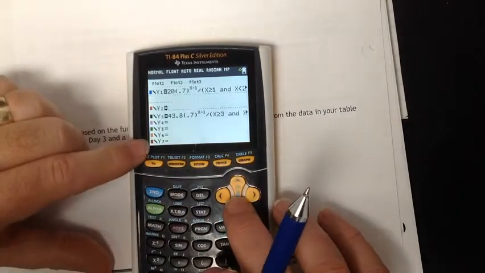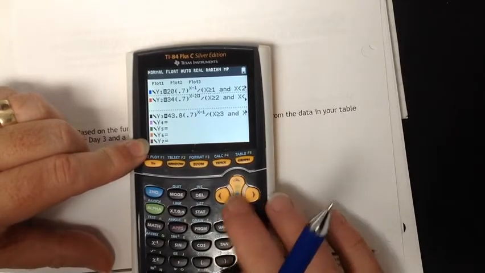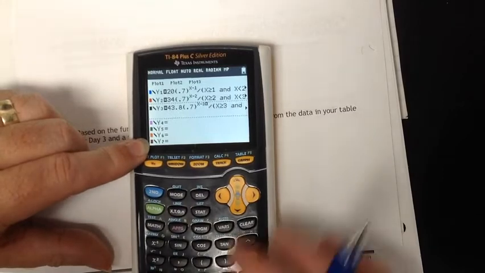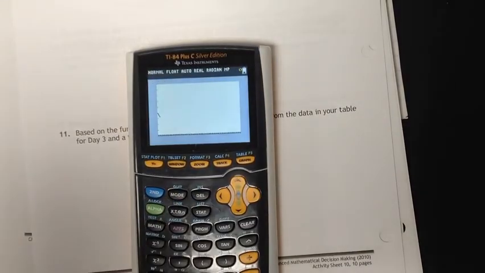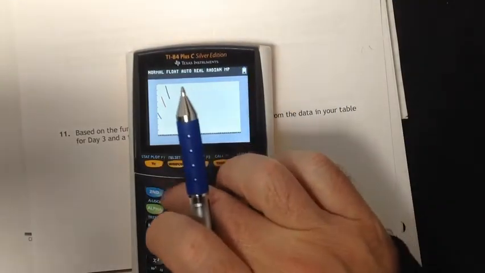I think that this needs to be x minus 2, and this needs to be x minus 3. Let's see if that looks better. There's 1, 2, 3. I think that looks better.